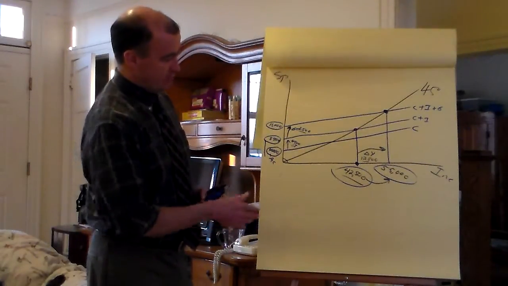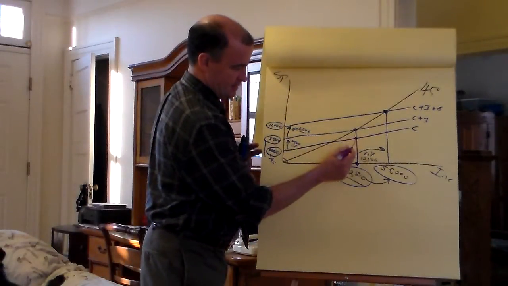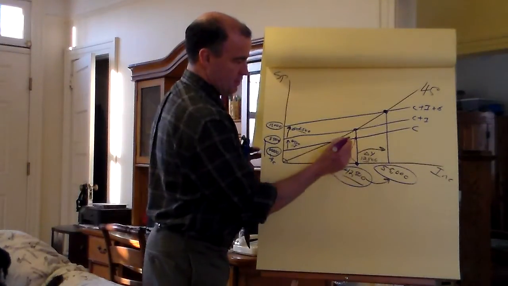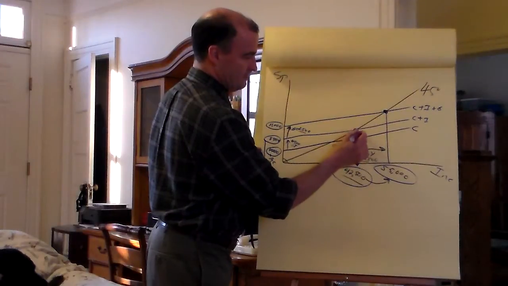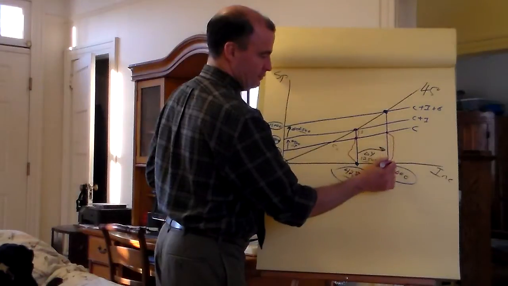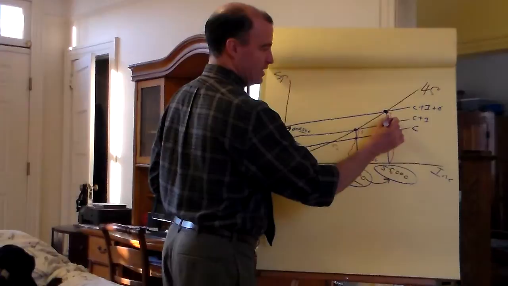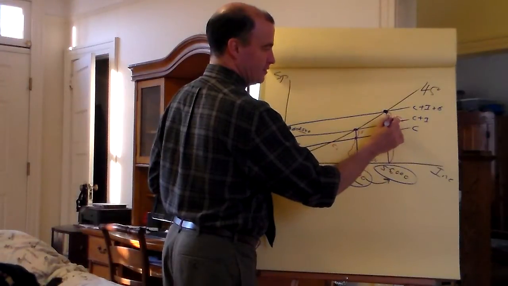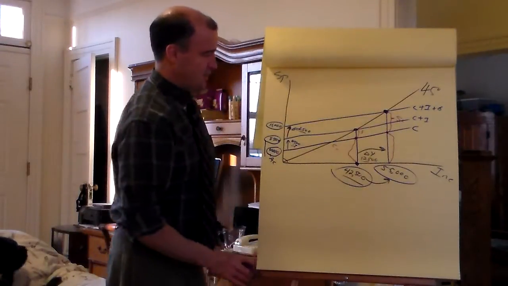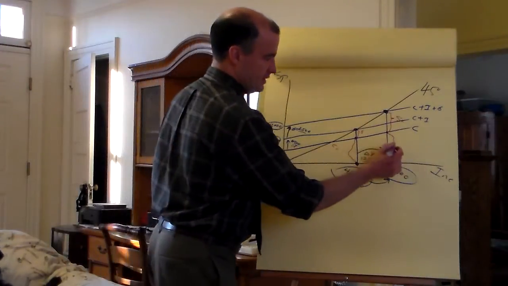Let's see. So, okay, a little bit more to do. You should be able to get that number, which is a total consumption number. You should be able to get that number, which is a saving number. You should be able to work out that consumption. In fact, we did work it out. And then that space there is the total saving in the economy with the government. So let's see.